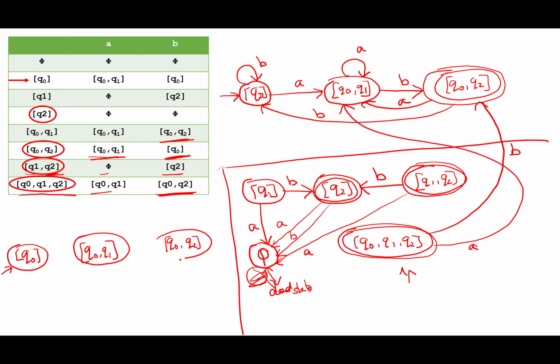We are considering only these states as the final transition diagram, with transitions A and B as shown. So we are considering only the 3 states. This is about the subset method.